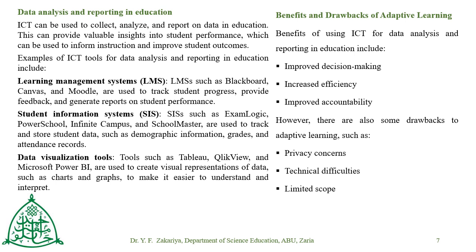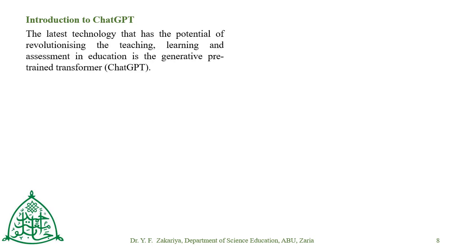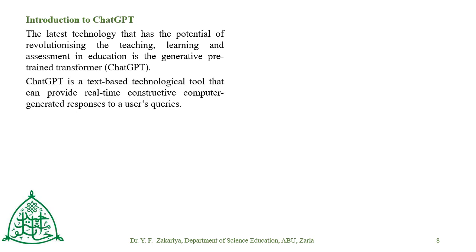The last aspect is a brief introduction to ChatGPT. This is the latest technology that has the potential of revolutionizing teaching, learning, and assessment in education. The full meaning is Generative Pre-trained Transformer.